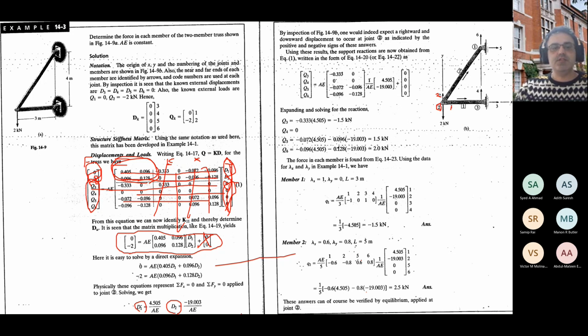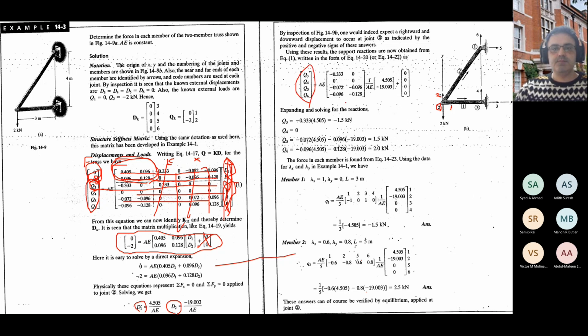So for support reactions, you need to use those lines that you have already eliminated in the big matrix. For example, just go for the third line. This Q3 is the third line times this column.